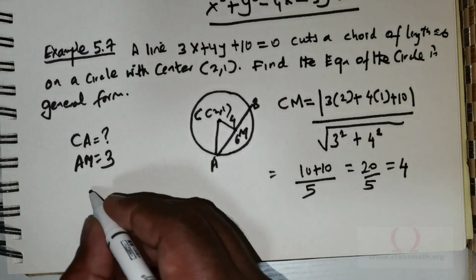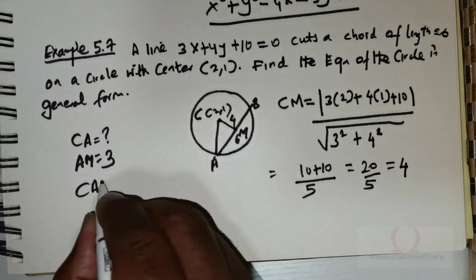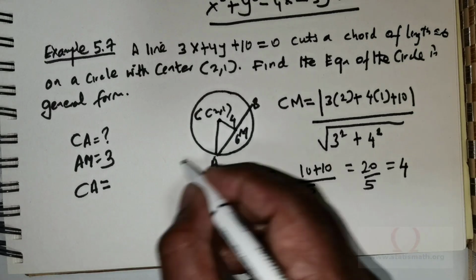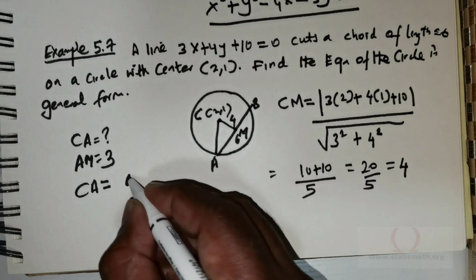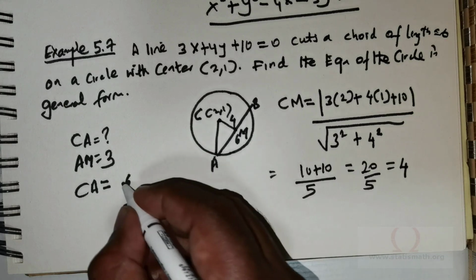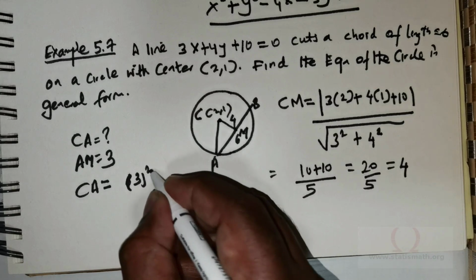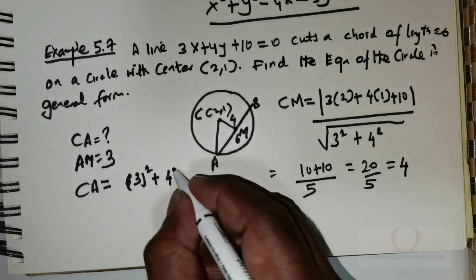If I use Pythagoras, CA is equal to the square root of 6 divided by 2, so 3 squared, plus 4 squared.